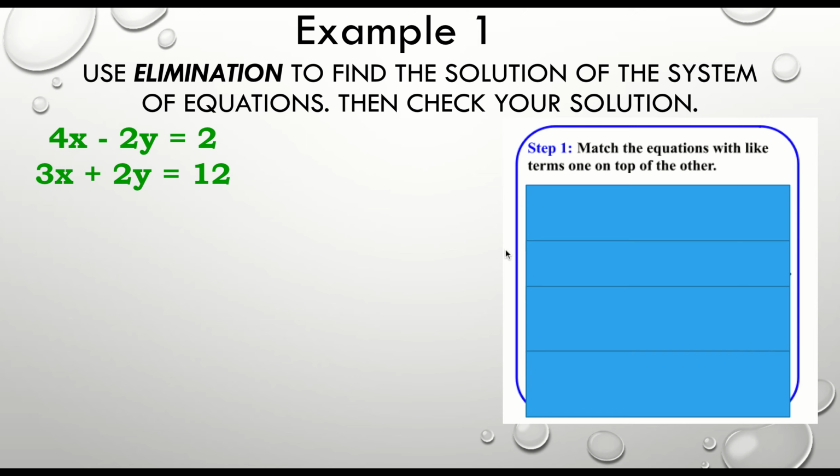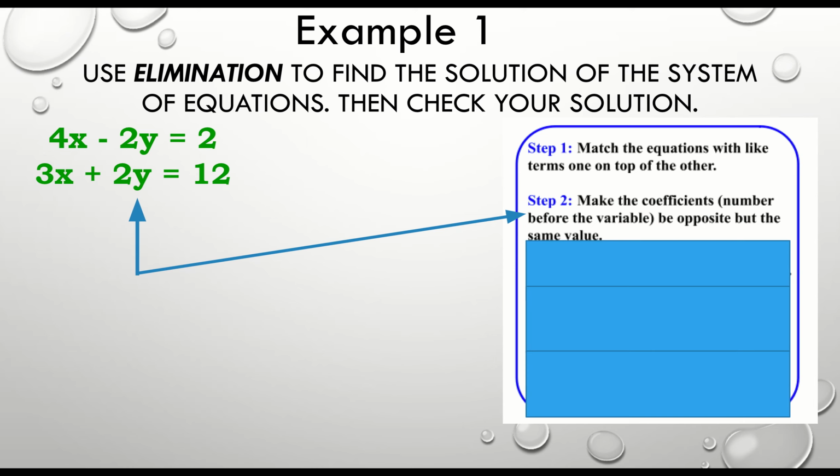Then from there, we want to make the coefficients. Remember, the coefficient is the number before the variable. We want to make the coefficients have opposite signs but the same value. So in other words, if I have, like I have here, a minus 2y, I want the one below it to be a plus 2y.